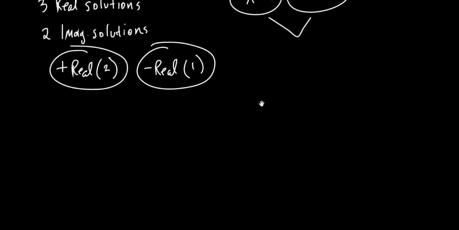Okay? So here's what we're going to do. Everybody watching? This is called Descartes' rule of signs. Rene Descartes. Anybody hear that word before? I taught it to you guys. He's French.